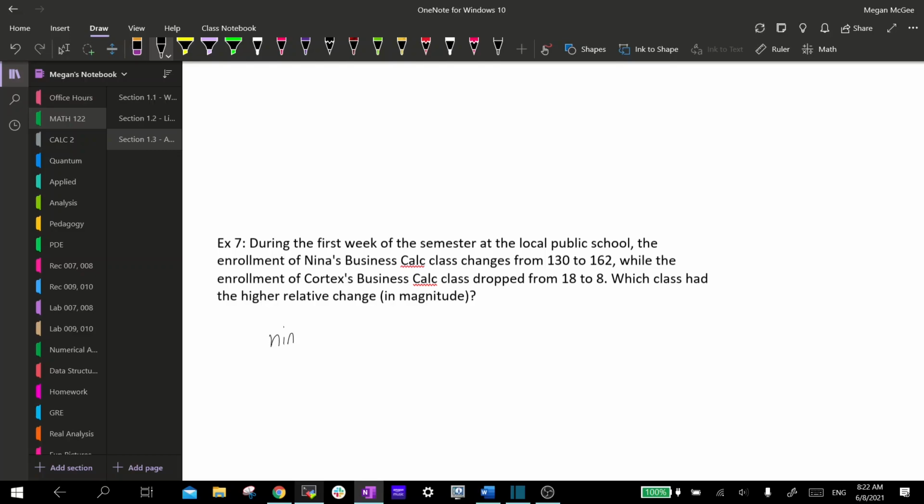So let's calculate our relative change. It's our new number minus our old number over the old number. So we get 32 over 130, which in a calculator comes out to about 0.25, which is a 25% increase in students.